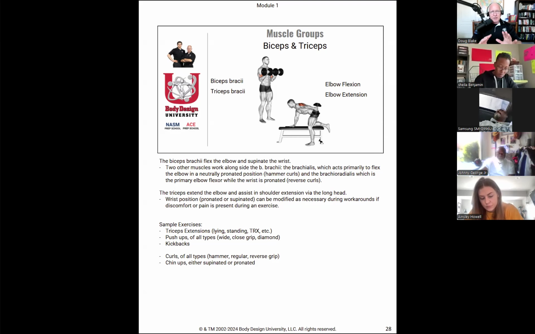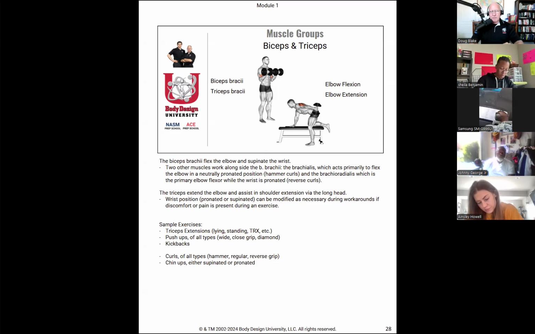When we're training people, you have to be very careful when you train biceps and triceps, because by default, they are smaller muscle groups. Therefore, they have smaller tendon attachments and connective tissue issues. So we want to make sure that we are not doing anything during the performance of the exercises that's going to overly stress these muscles and their tendons.